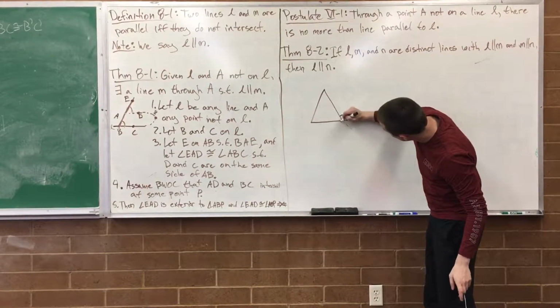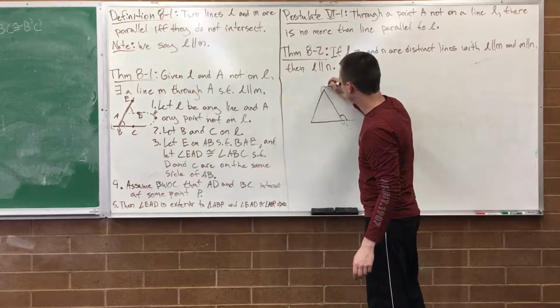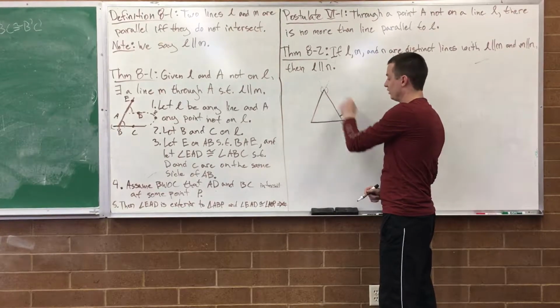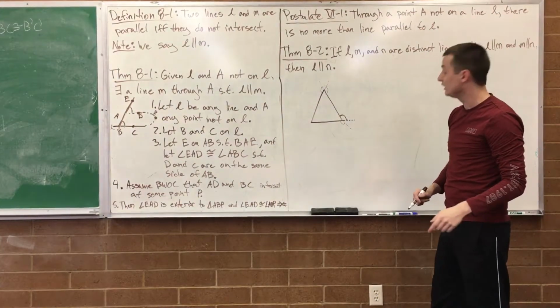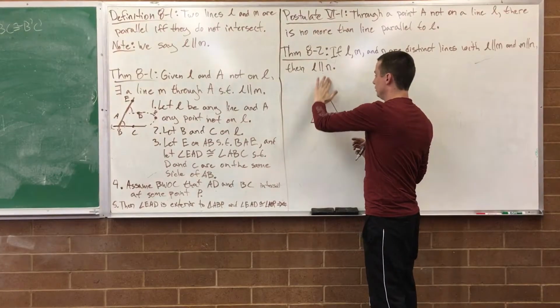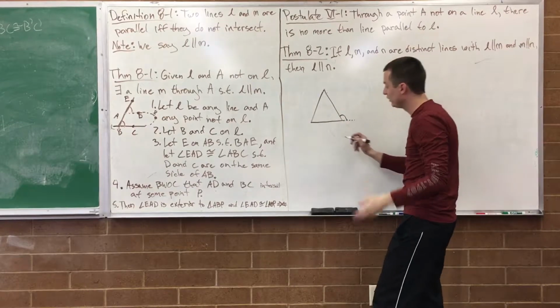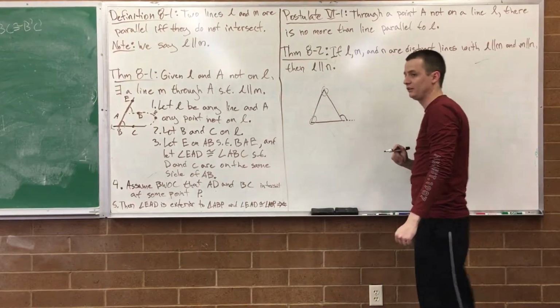We could have talked about this one, this one, this one, and then the 2 down here. So every triangle has 6 exterior angles. Its opposite interior angles, once I have an exterior angle, pick one. We'll talk about this one. Its opposite interior angles are this one and this one.